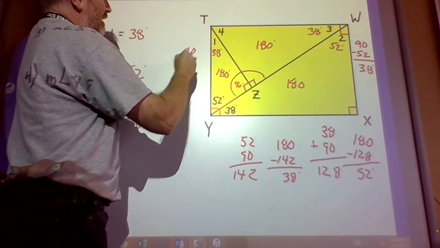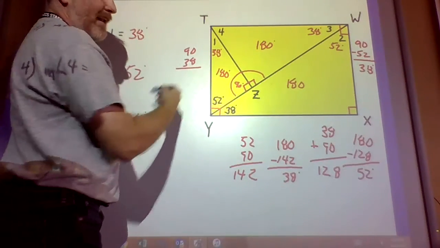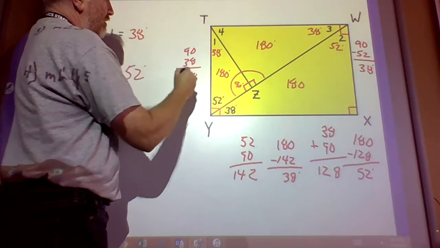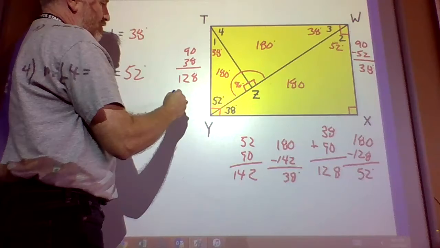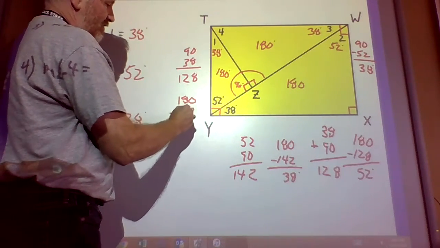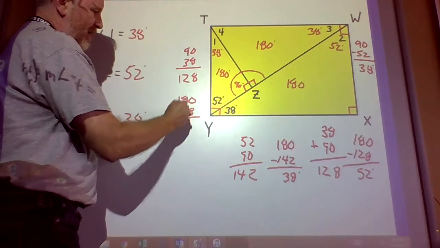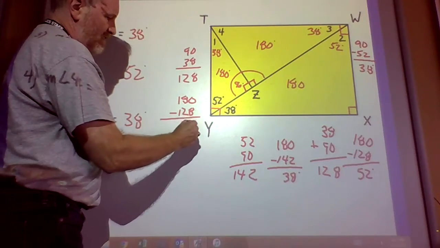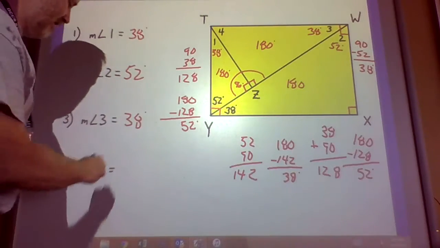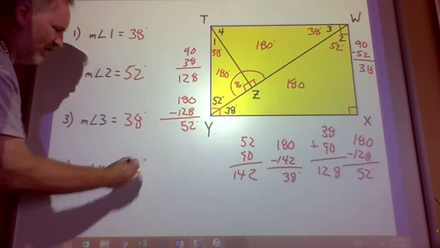Some of you already probably know the answer, because there's kind of a pattern going on here. 0 and 8 is 8. 9 and 3 is 12. So I've got 128. I need 180. So I take 180, subtract off the 128 I already have, and voila, it's 52. All right. Any questions?